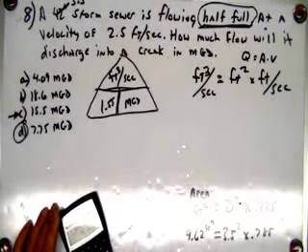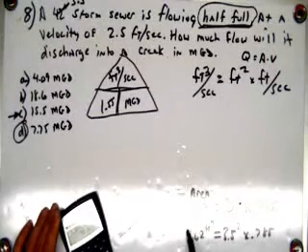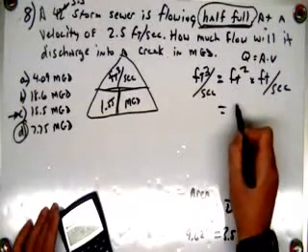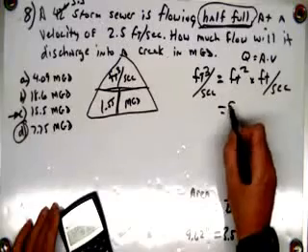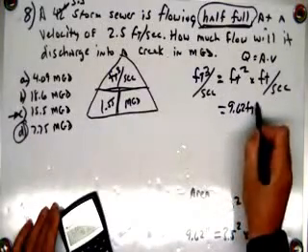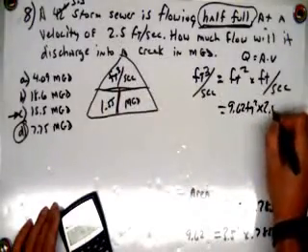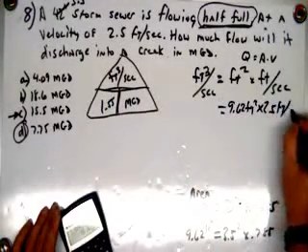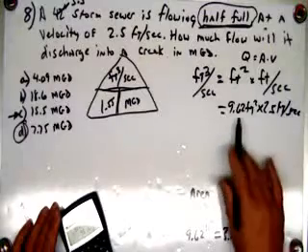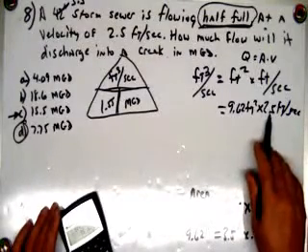Feet squared. So now I've got square feet. I can put that up here. So I'm going to go 9.62 feet squared times feet per second, and they gave me that: 2.5 feet per second.